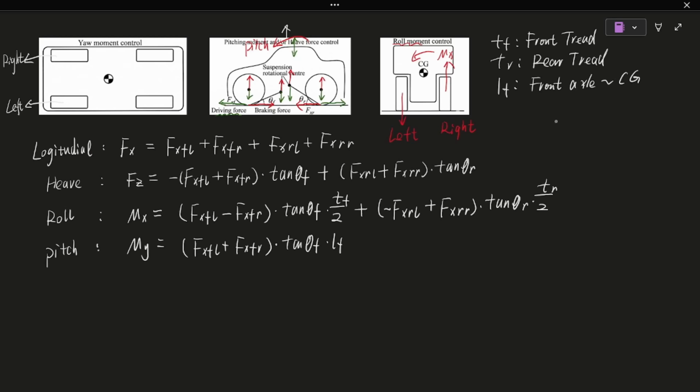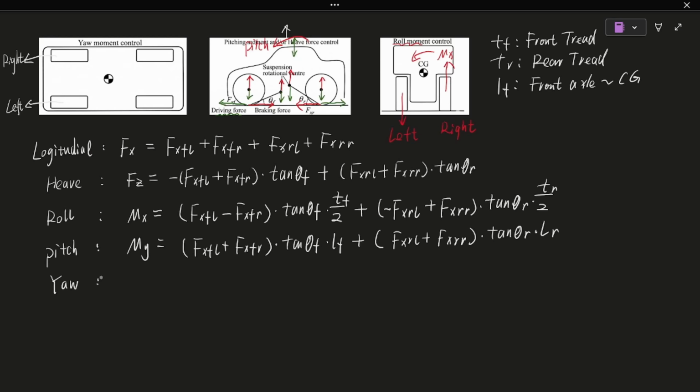The rear axle needs an upward force. The longitudinal force is also positive. That is Fx_FL plus Fx_RL times tan theta R times Lr. Lr is the distance from the rear axle to the CG. I want to write that down here.